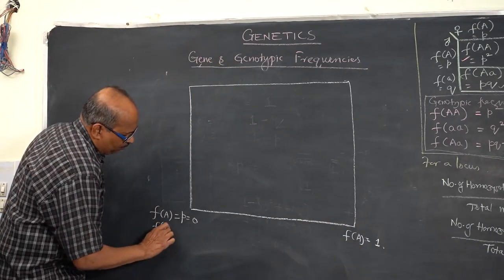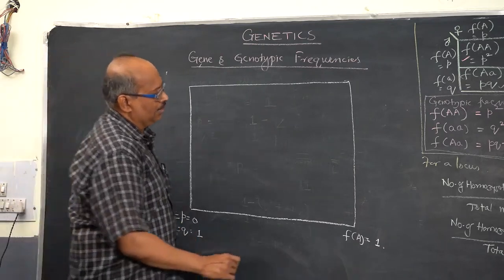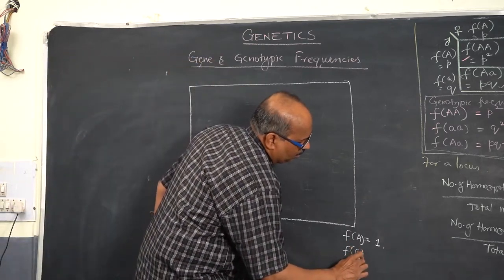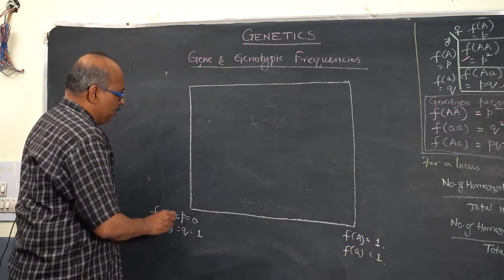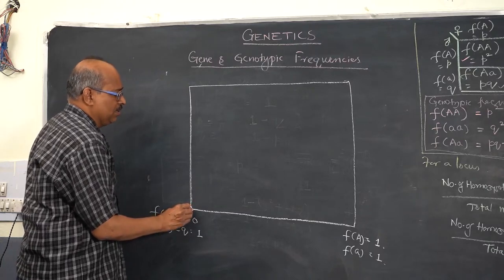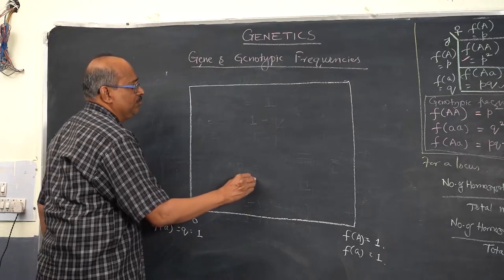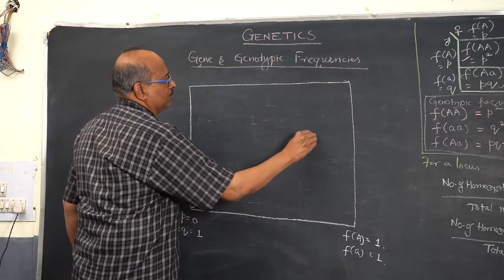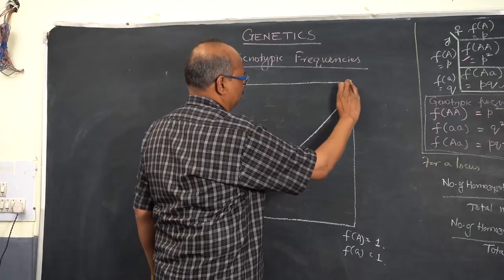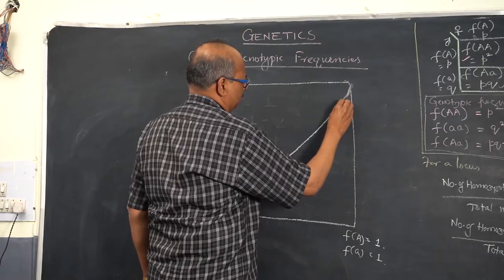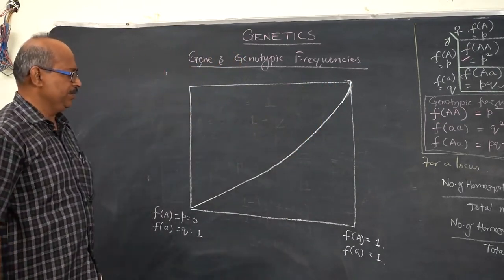So here frequency of small allele equals 1. So what happens? You have gradual increase in the frequency of the dominant allele.